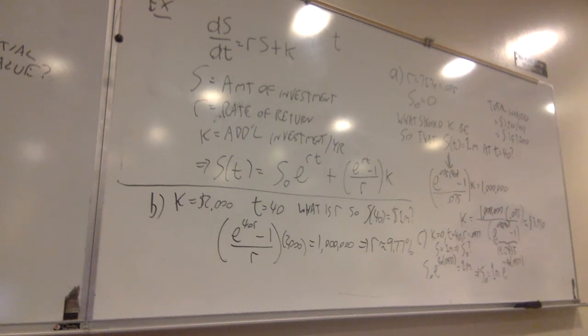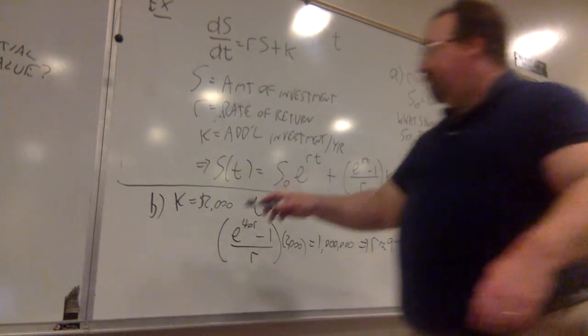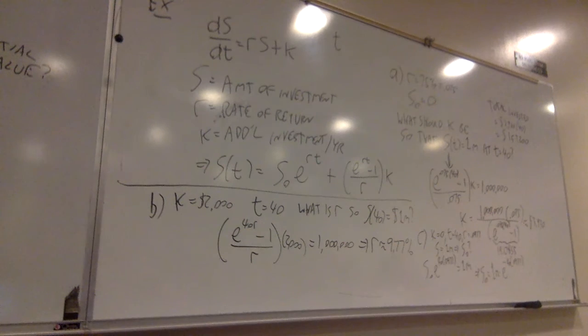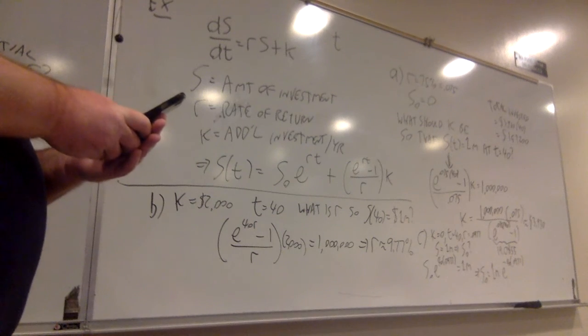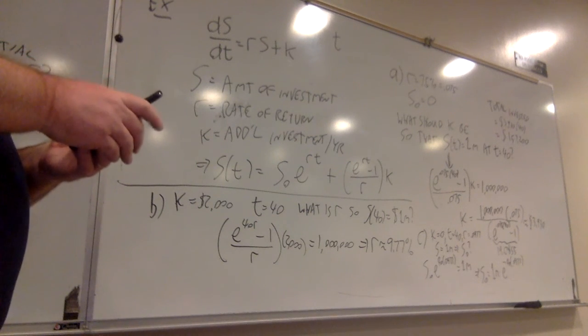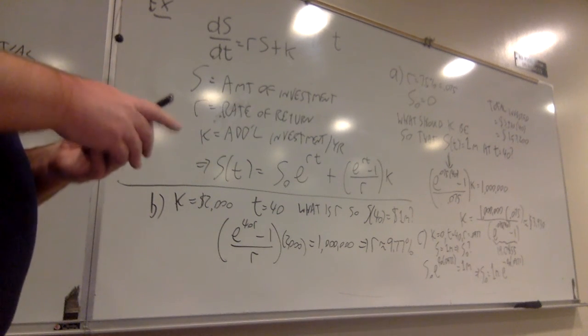Okay, so keeping in mind that in this scenario, we're putting in 2,000 a year over 40 years. So we're putting in 80,000 in total. But if I work out what this is, okay, 0.0977 times 40.